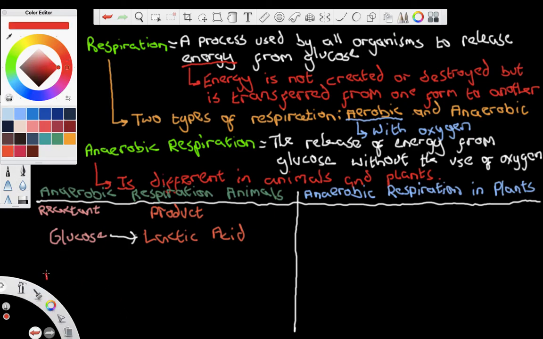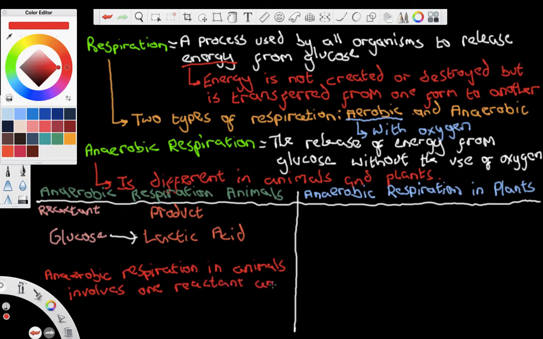So we can say anaerobic respiration in animals involves one reactant and one product.